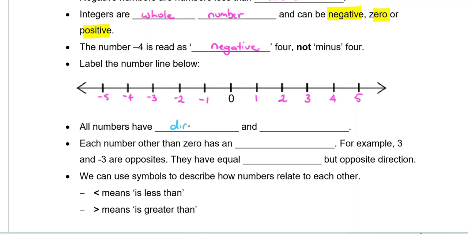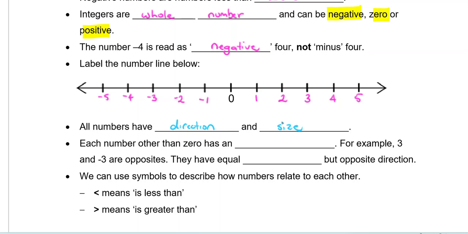So the words are direction and size. Because the 4 is the size of the number, and if there's a negative in front of it, that is giving me the direction, meaning that it's to the left of that 0. Okay, so size and direction, whereas the positive 4 is on the right side of that 0.